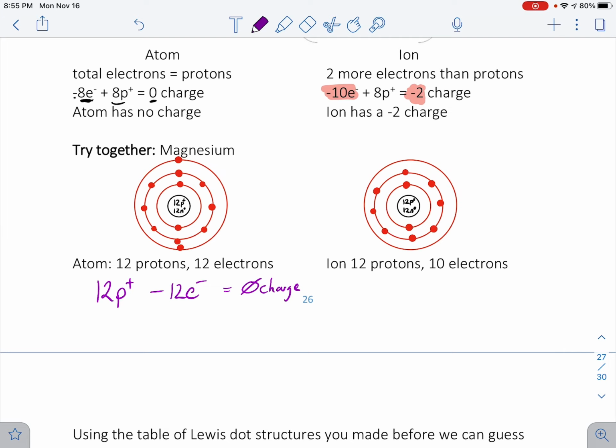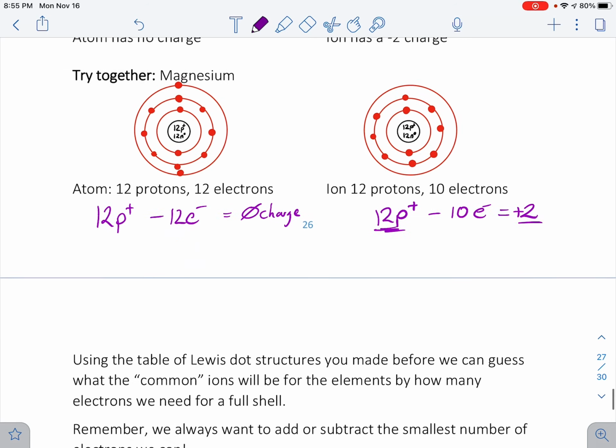Now, because we lost those 2 electrons, we have 12 protons still, because otherwise it wouldn't be magnesium, and we only have 10 electrons. That means there is more positive charge, so we have a +2 charge. We need to make sure we indicate whether it's positive or negative, because some of the elements we're going to work with are going to be negative.